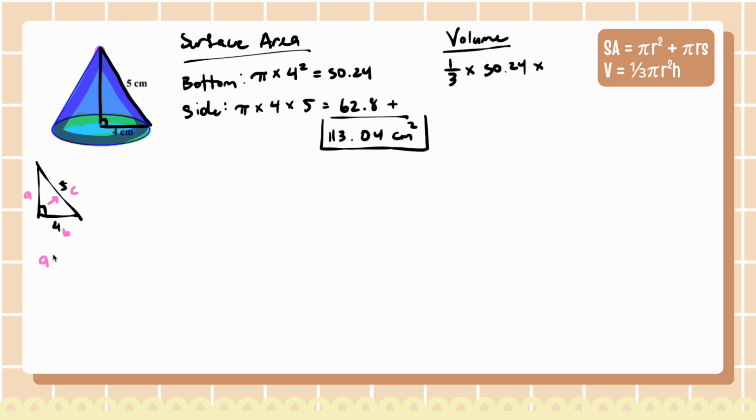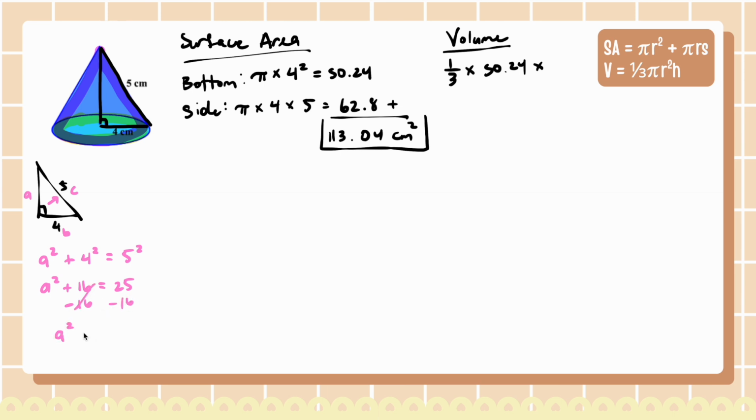A squared is just going to remain the same, plus B squared is going to be 4 squared, is equal to C squared, which is 5 squared. Let's solve for A. So A squared plus 4 squared gets me 16, equals 5 squared gets me 25. I want to get A squared by itself, so let's subtract 16 from both sides to cancel this out.